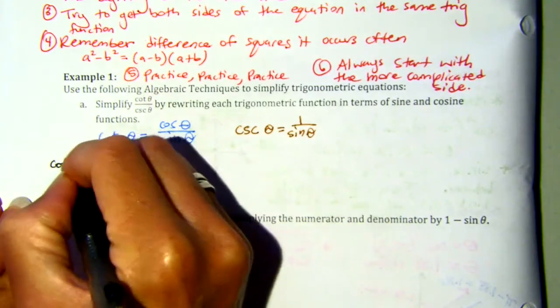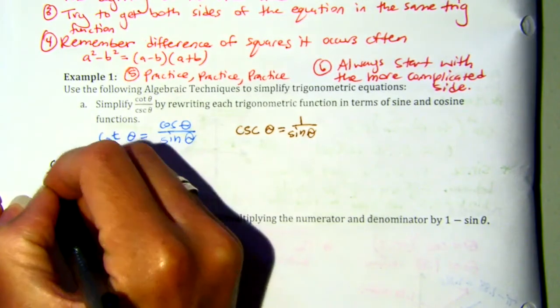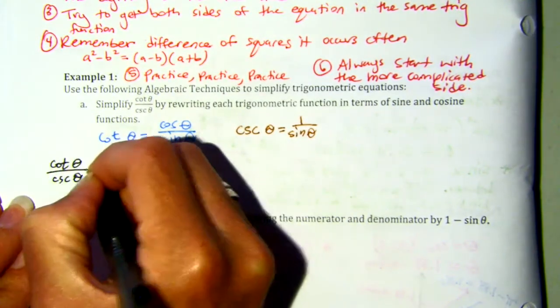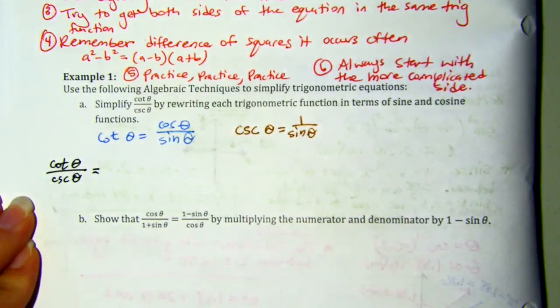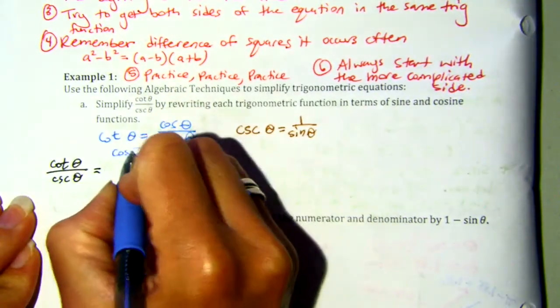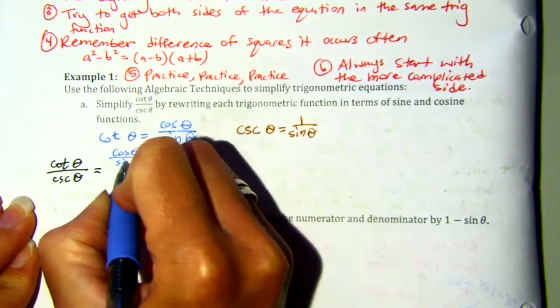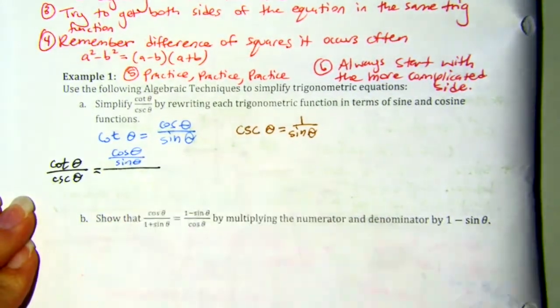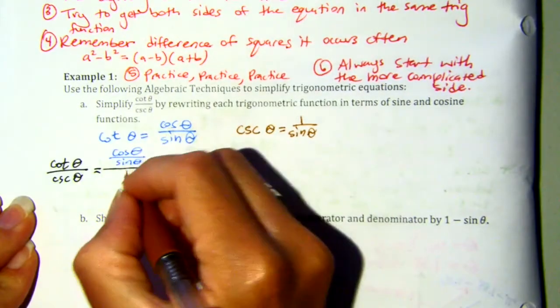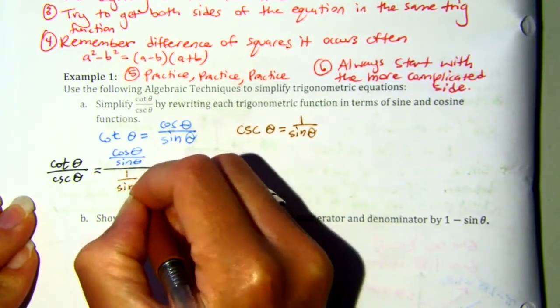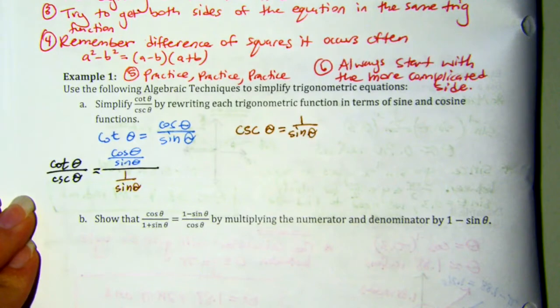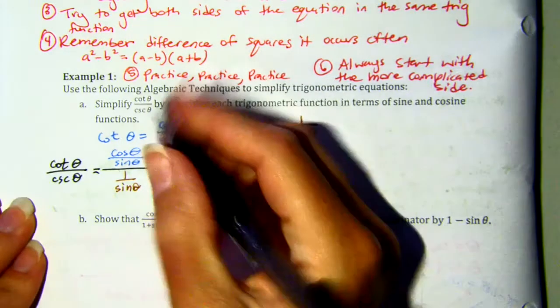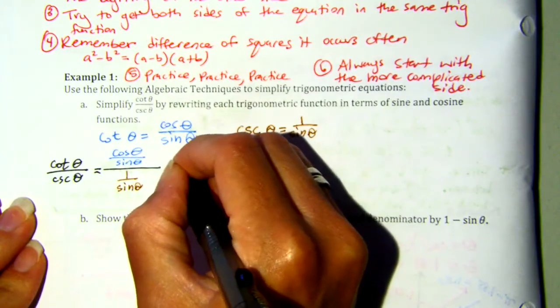So, cotangent of theta divided by the cosecant of theta is equal to the cosine of theta divided by the sine of theta, all over 1 divided by the sine of theta. Now remember, when you divide fractions, you multiply by the reciprocal.